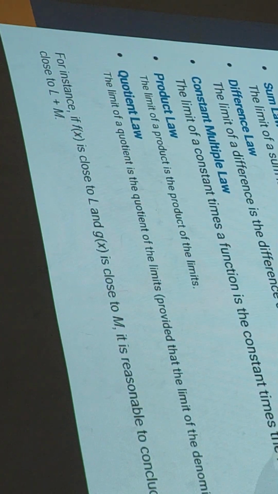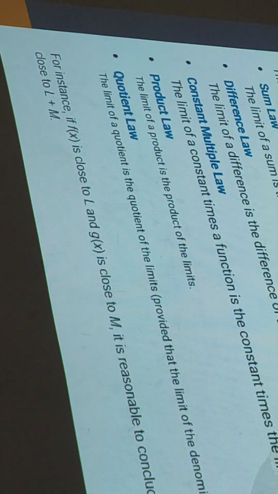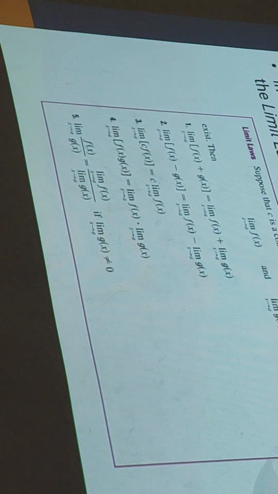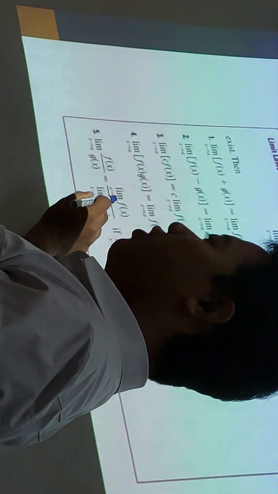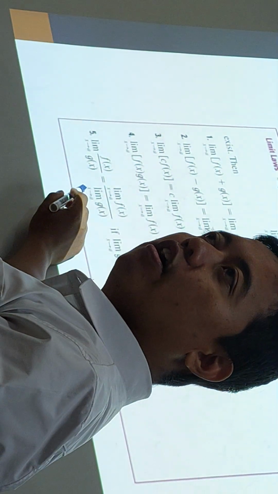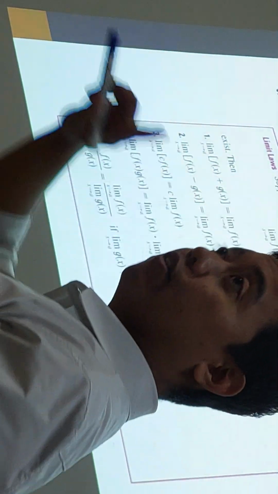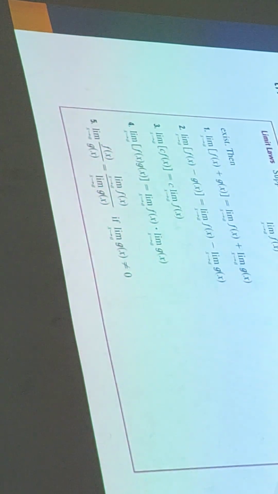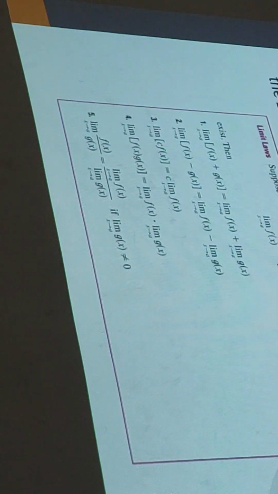So you can use the fifth law. Here you need to make sure the denominator is not equal to 0. Understand?